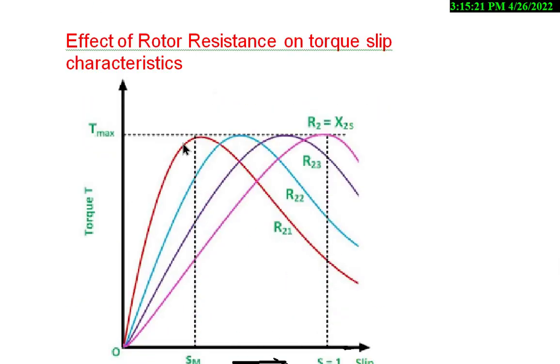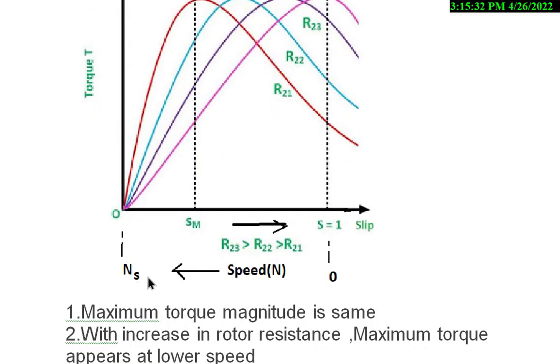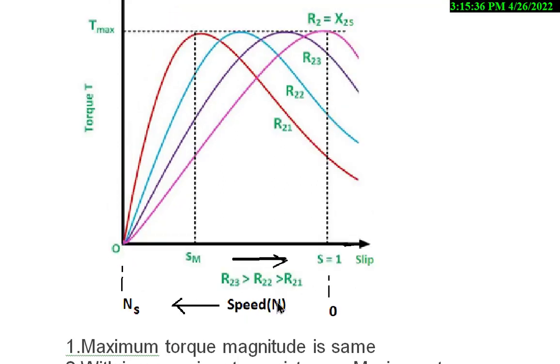So these are the characteristics for different rotor resistance values in the slip ring type of induction motor. This is the speed. This is 0 and this is ns.